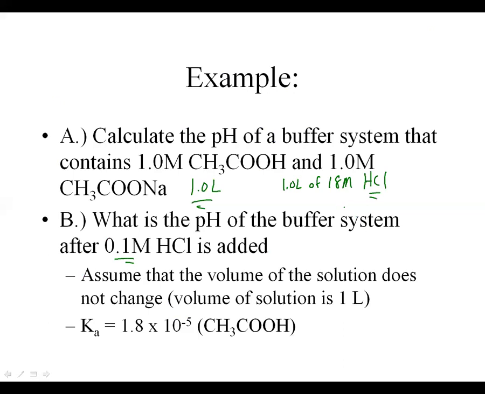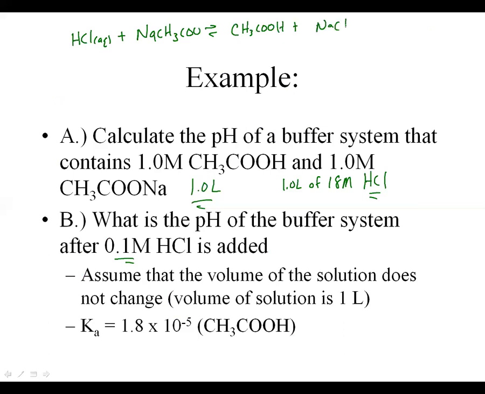So we're going to get the same reaction that's going to occur. We're going to get our HCl that we're adding, and that is going to react with the base part of the buffer like we did in that problem. And we're going to get the same reaction as what we saw earlier, which is acetic acid plus our sodium chloride, right?